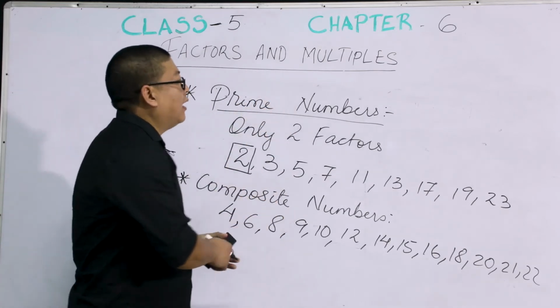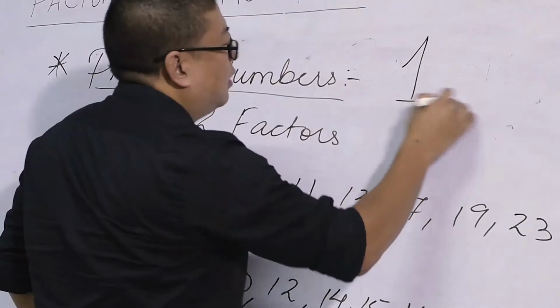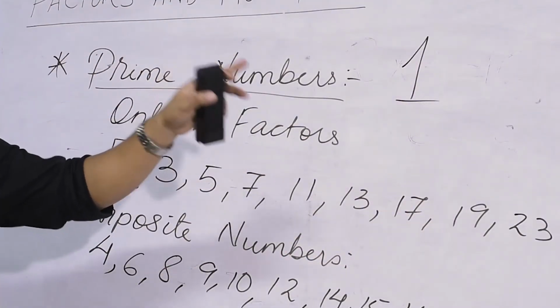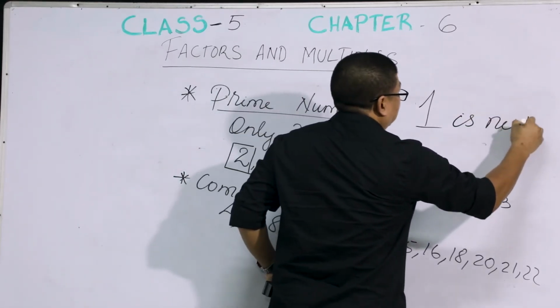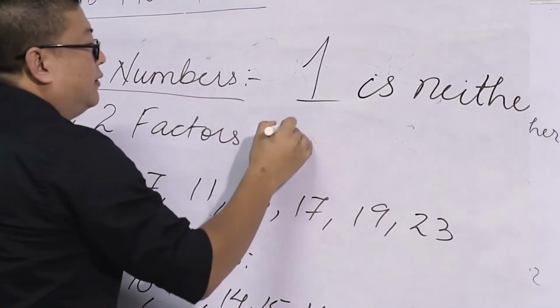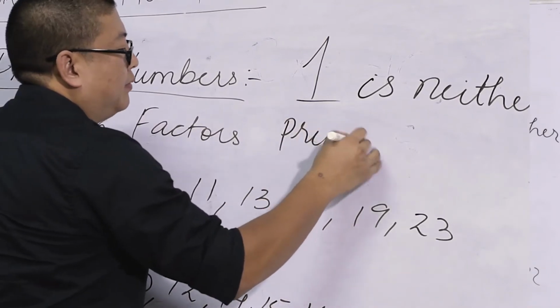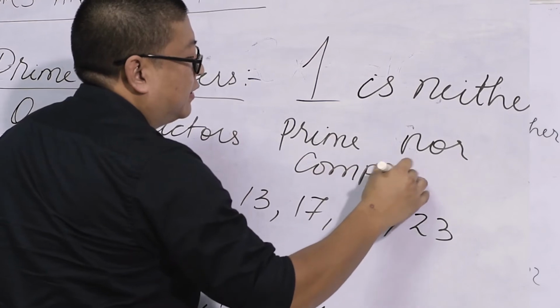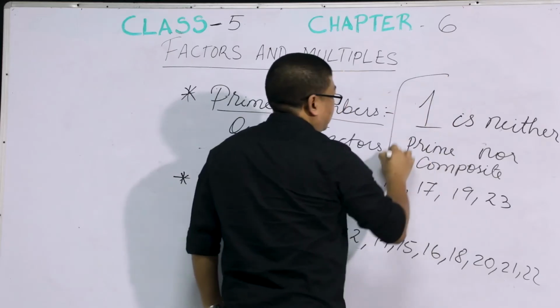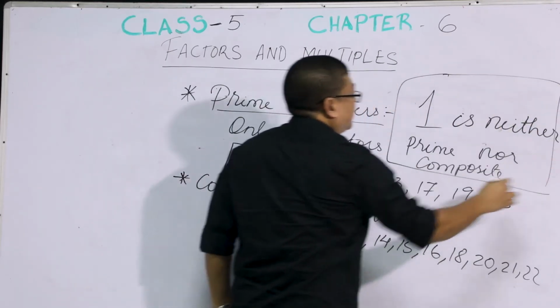All right? Now, what about 1? The number 1 is neither prime nor composite. Please keep this in mind.